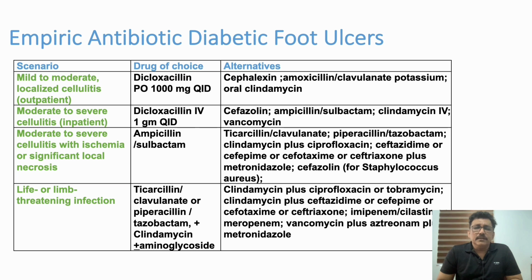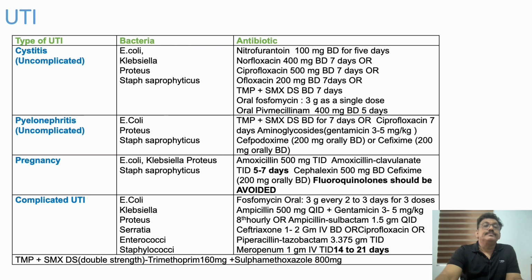But if the patient is having repeated infection or a past history, then it is better to go for a higher antibiotic like ticarcillin clavulanic acid or piperacillin tazobactam plus clindamycin, and you can add gram negative coverage also for better penetration. So in a severe infection, we go for a higher antibiotic like piperacillin tazobactam plus clindamycin. In a mild infection, we go for flucloxacillin, doxycycline, or ampicillin sulbactam combination.